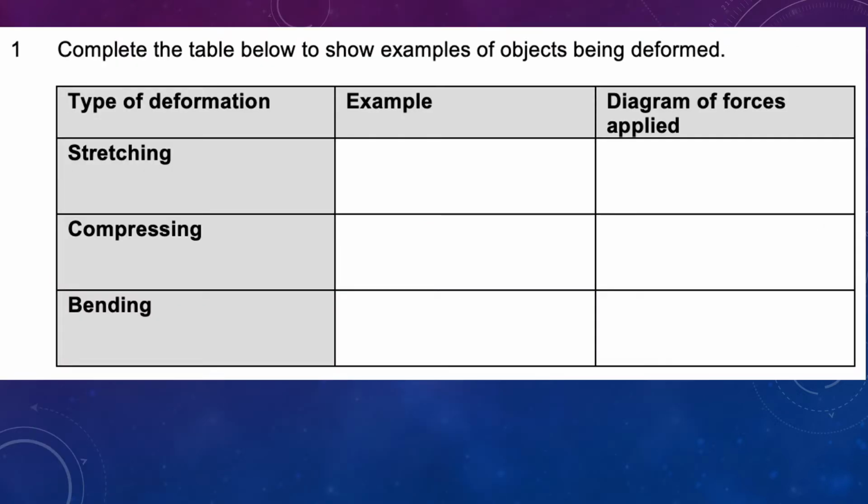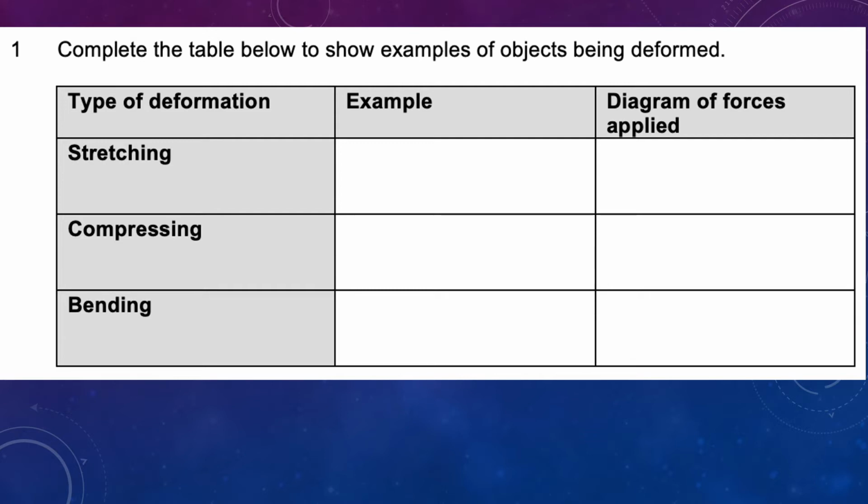So on the next page, you'll see there's a table that asks for examples of stretching, compressing, and bending, as well as diagrams of the forces applied. So this should be pretty straightforward. You have some of the diagrams on the previous page. In the examples, we're not really going to put in lifestyle examples, because you probably already know these.